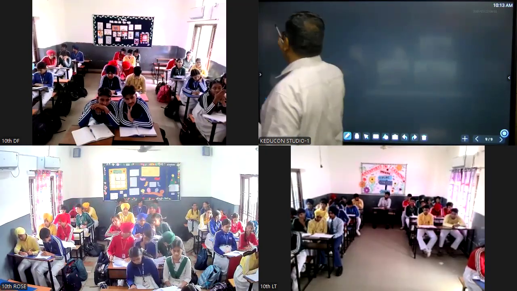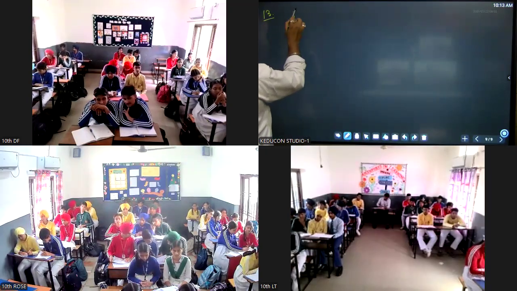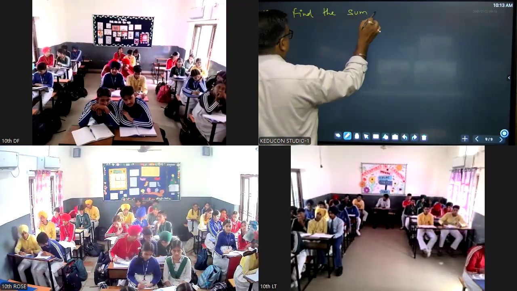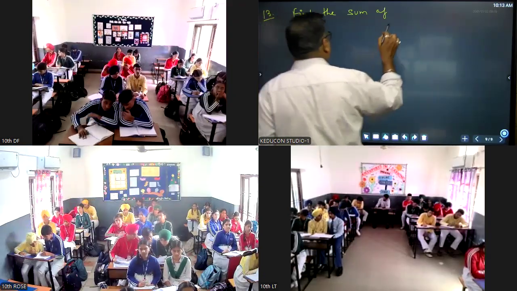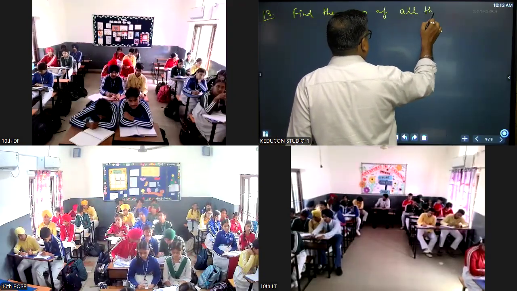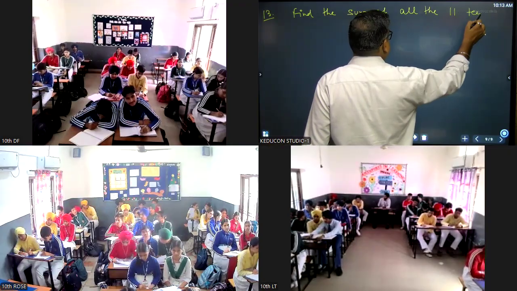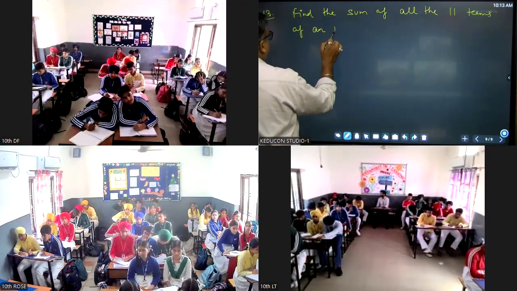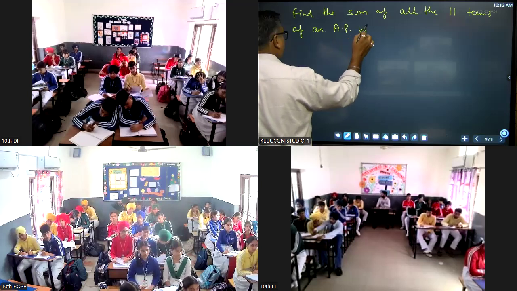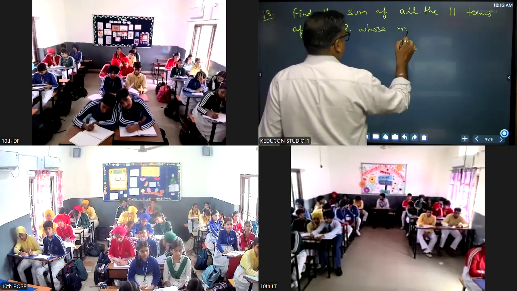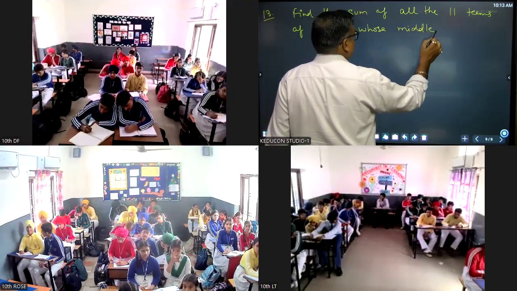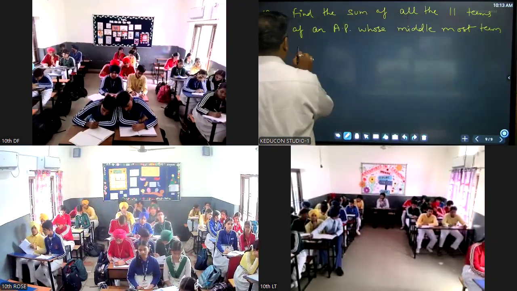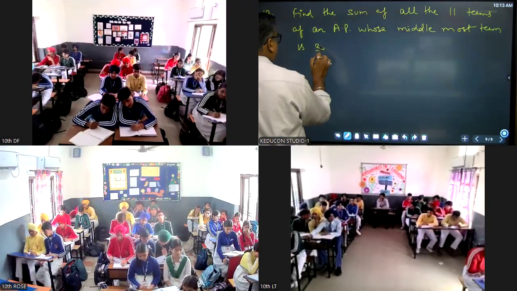Next question is: find the sum of all the 11 terms of an AP whose middlemost term is 30.